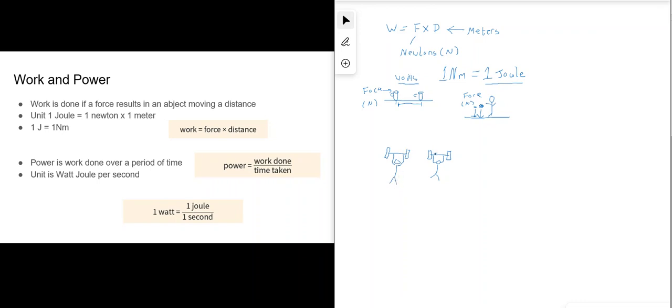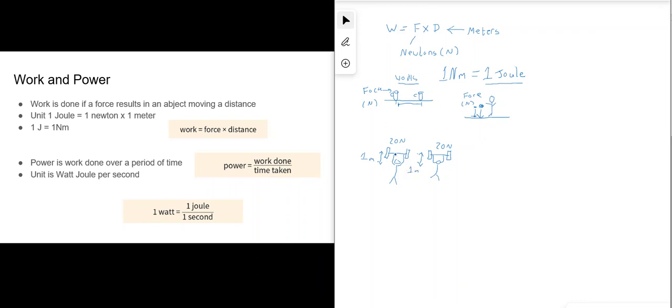Imagine both of them have the same weight, let's say 20 newtons, and they're moving it up and down the same distance. Imagine they're able to extend it up and down 1 meter.